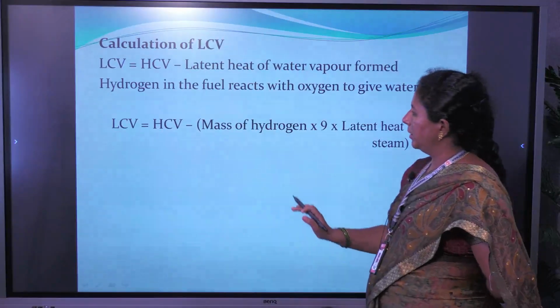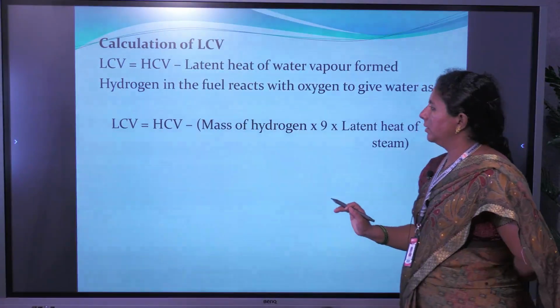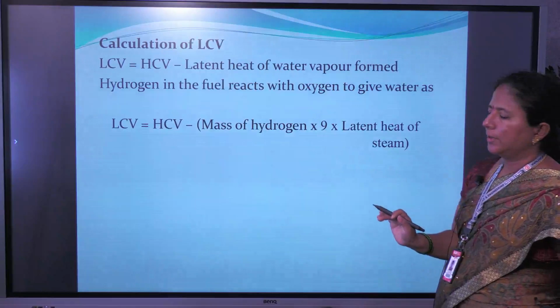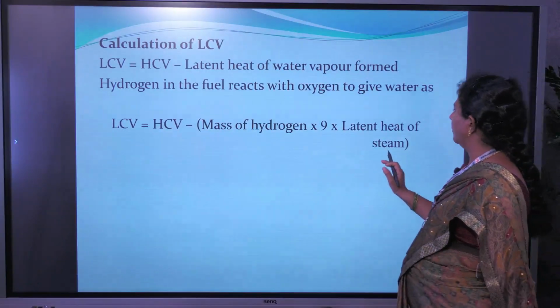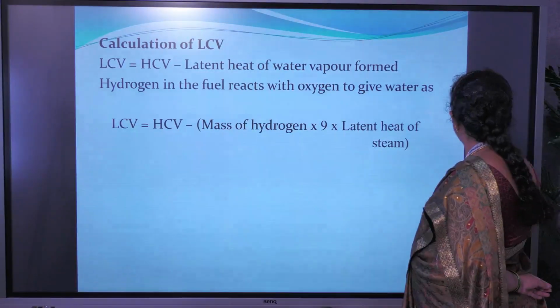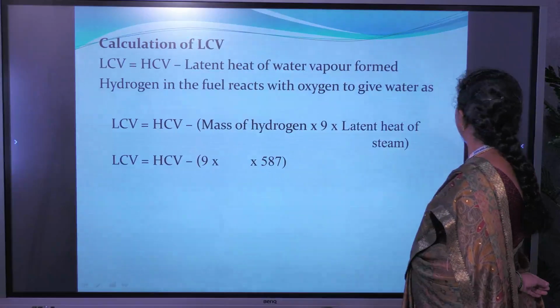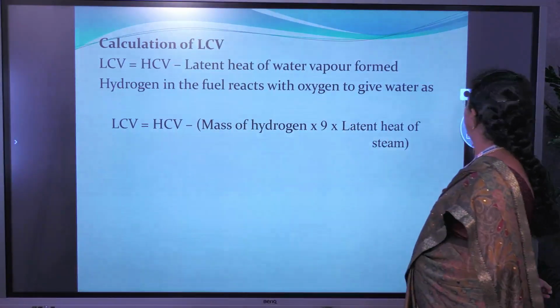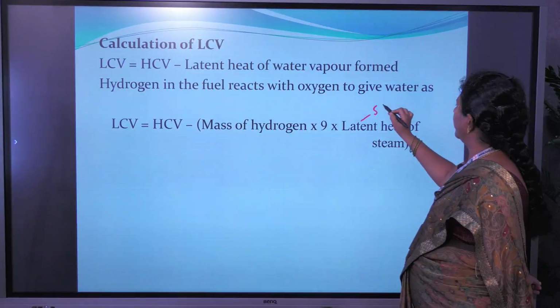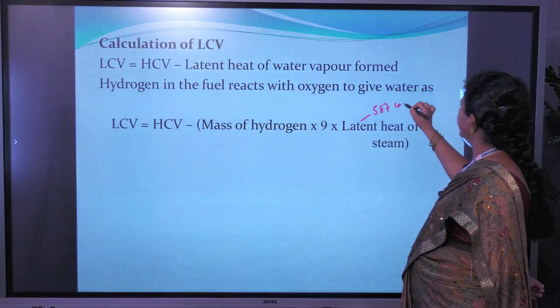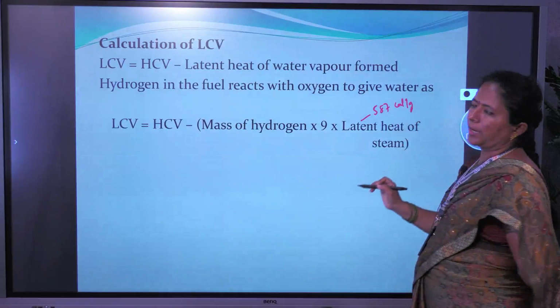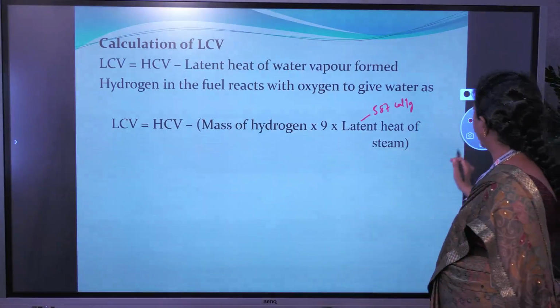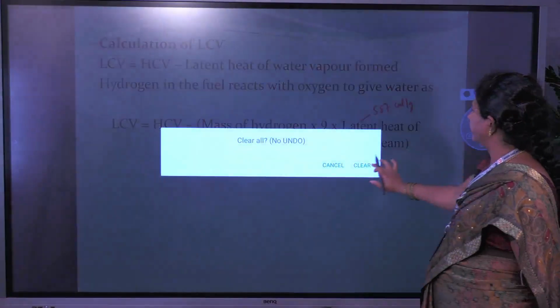That's why LCV is equal to HCV minus mass of hydrogen into 9 into latent heat of steam. Latent heat of steam value is 587 calorie per gram or 587 kilocalorie per kilogram.